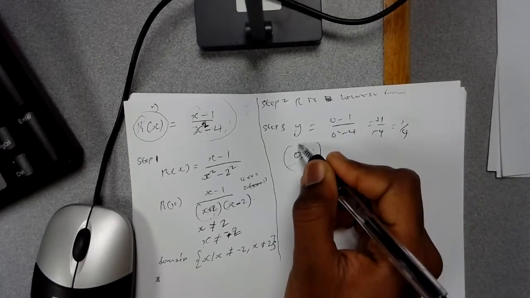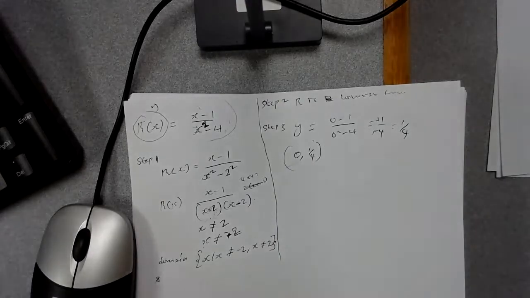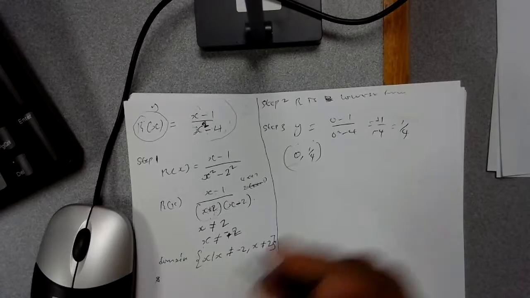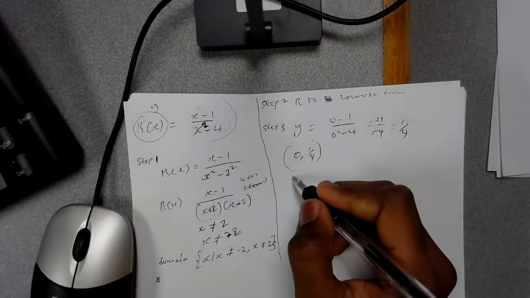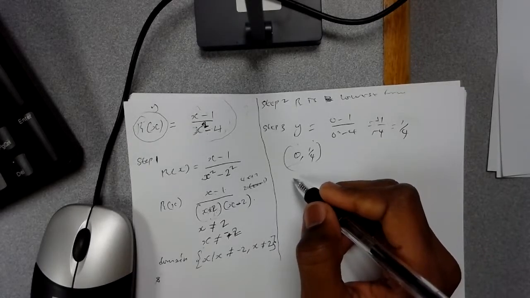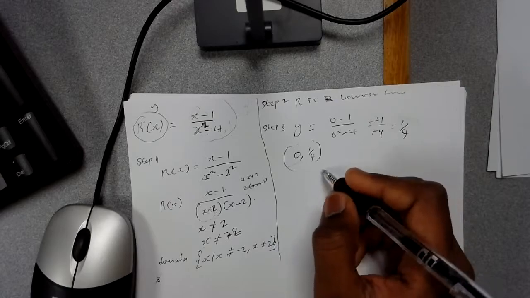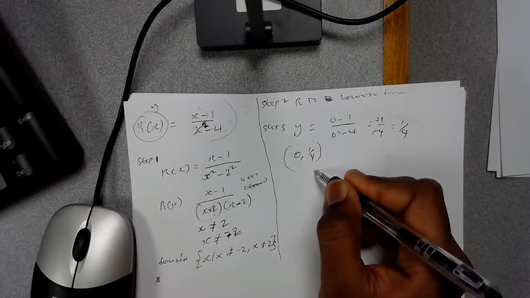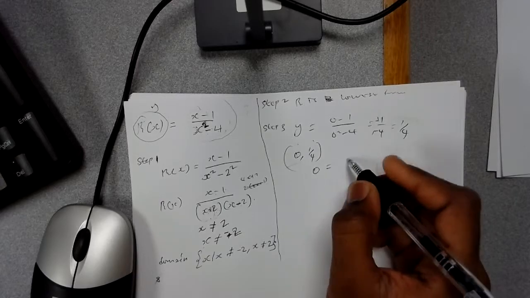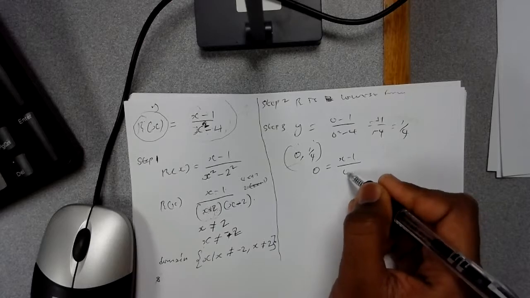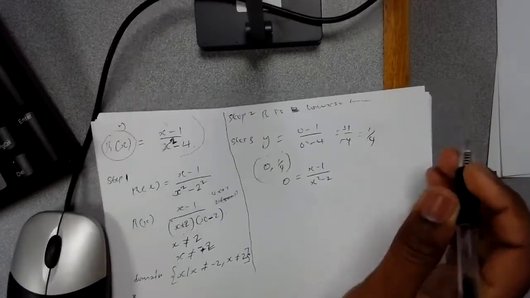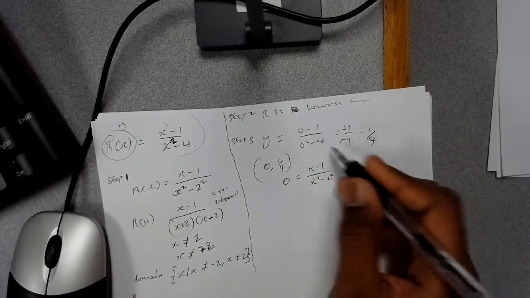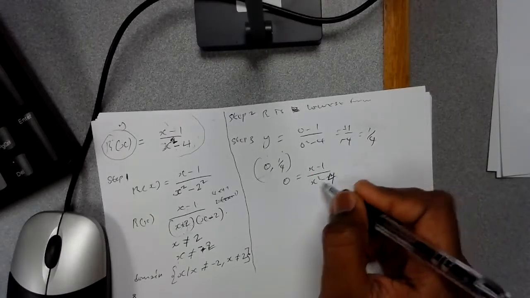That is the x, this is the y. So that is the y-intercept of the graph. Okay, we found the y-intercept. Now we're going to find the x-intercept. The x-intercept is when y is equal to 0. So 0 is equal to x minus 1 all over x squared minus 4.